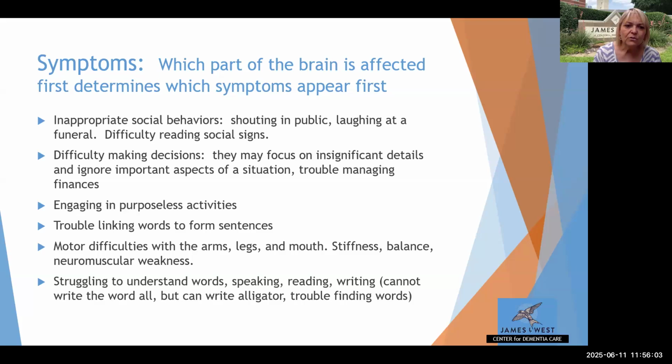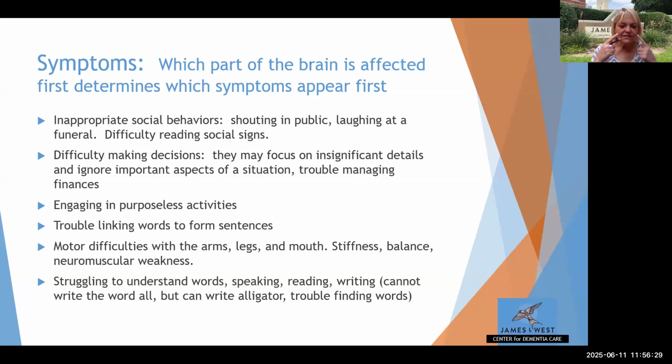Maybe having some trouble forming sentences. The words are there, but they can't get it just right in the sentence. The motor difficulties, because we talked about motor being arms, legs, mouth, stiffness, balance, that neuromuscular weakness. And then not only struggling with words, but I want you to consider this also.